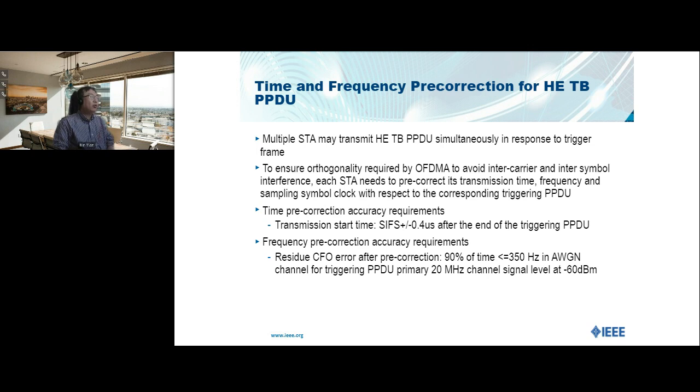It also requires pre-correction of the frequency and sampling time so that the residual error after correction is less than 350 hertz 90% of the time, in a certain channel condition, for example, minus 6 dB AWGN. We specify that to ensure the quality of the trigger-based PPDU and to ensure all the transmissions do not interfere with each other.